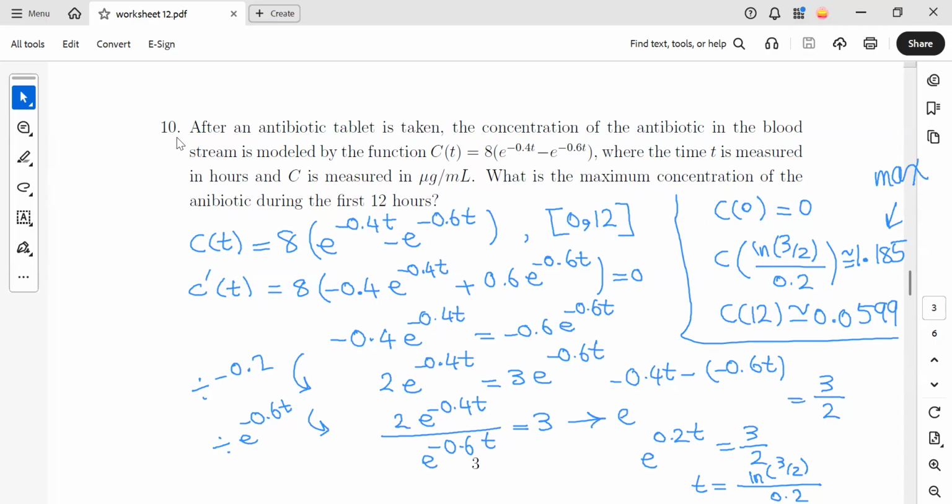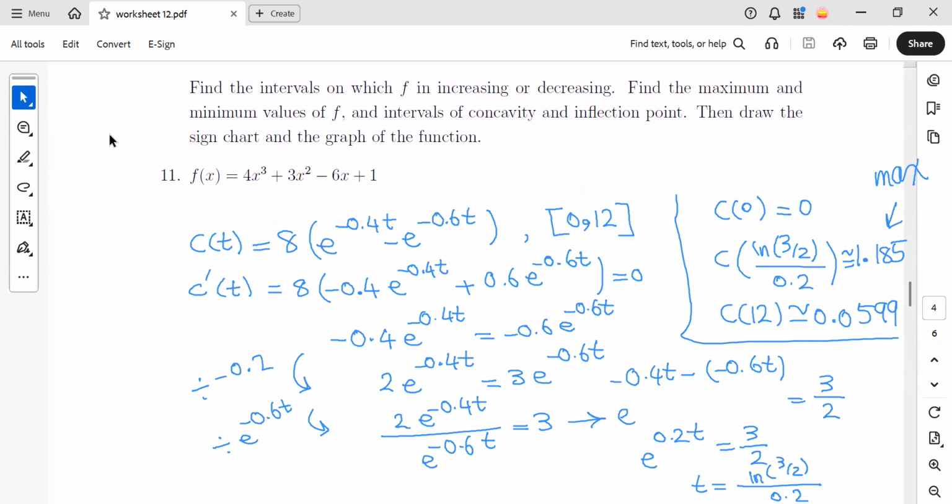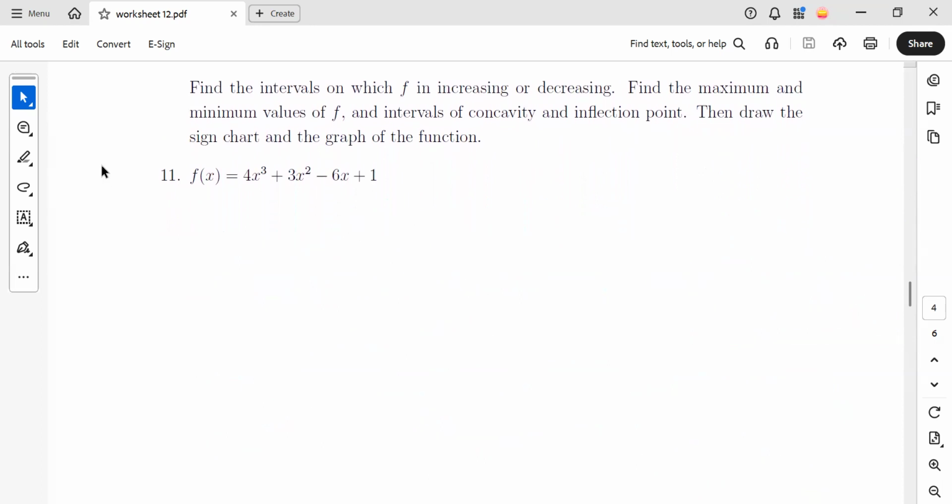Let's move on to number 11, finding the intervals here. In order to find decreasing, increasing, inflection point, and concavity, we are going to find the first and second derivative. The first derivative will be 12x squared plus 6x minus 6 equals 0, which means we can factor out 6.